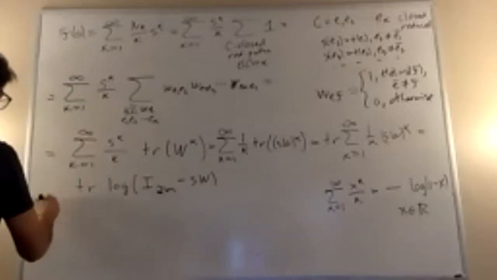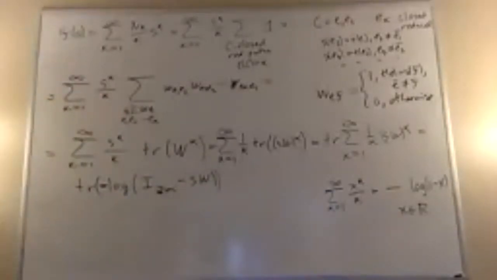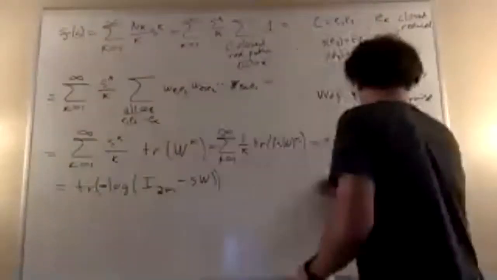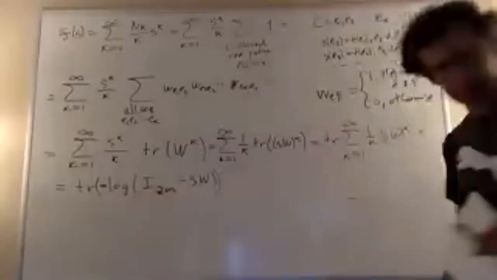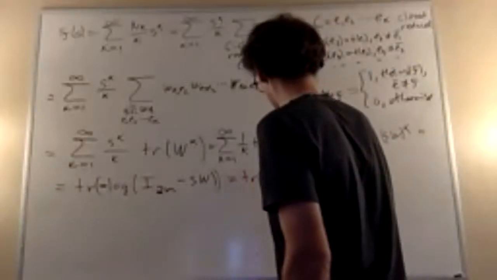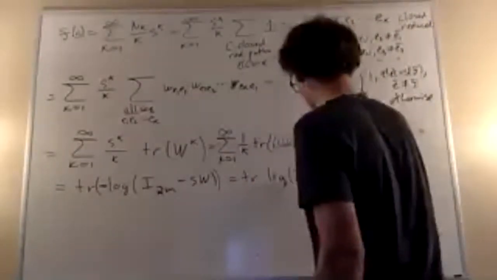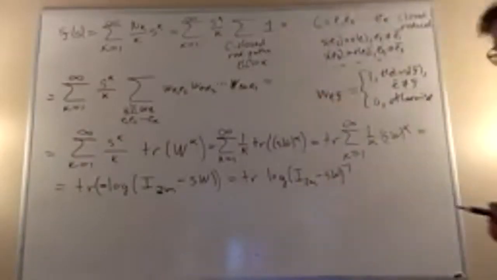If I have a minus sign on a logarithm, I can put it inside as an inverse. So this is going to be the trace of log of (I_2m minus sW) inverted.